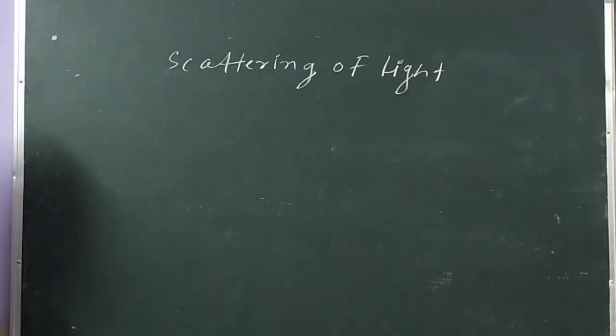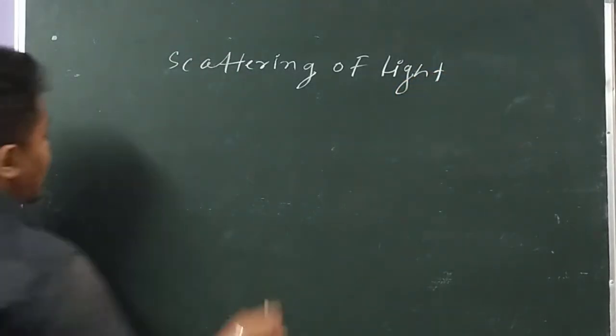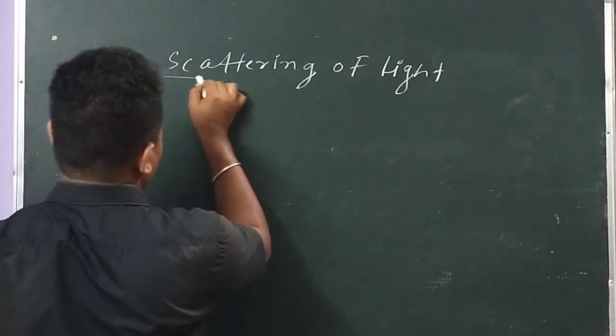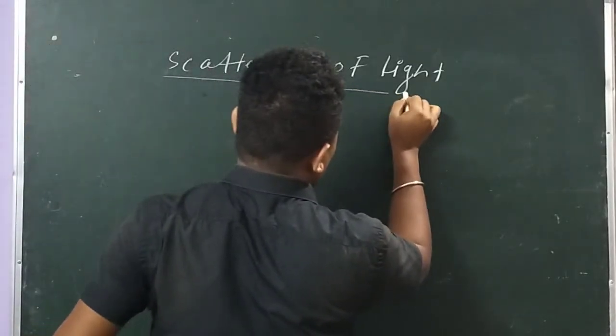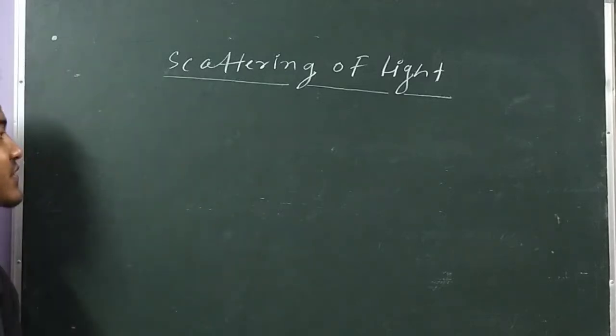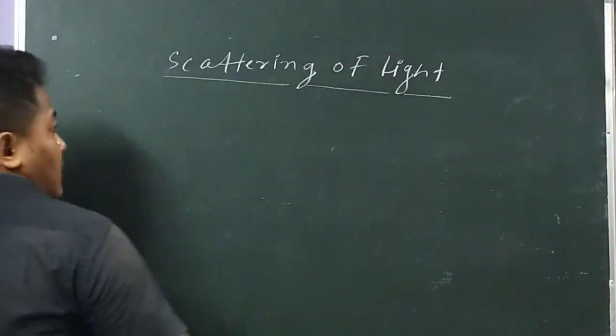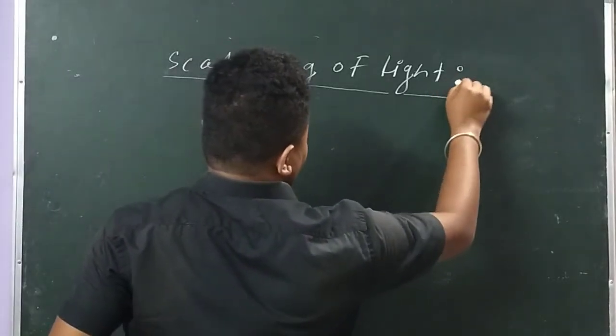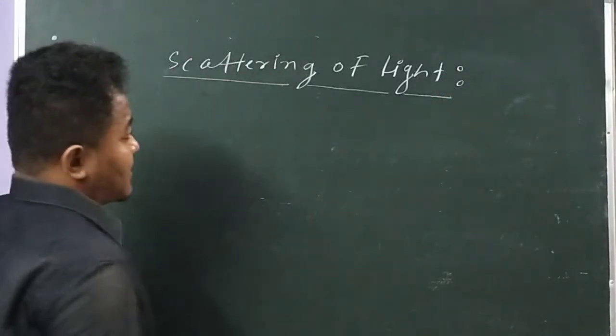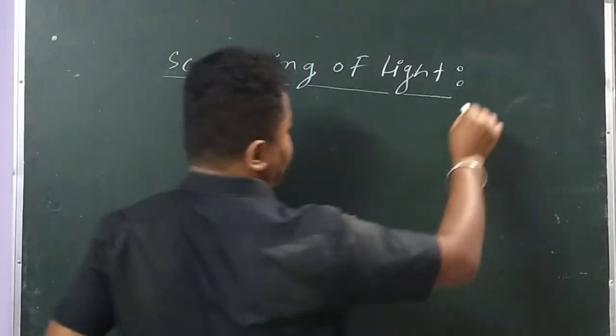This is the topic we'll discuss today. What happens in this case, or what is scattering of light, we'll come to know. Before that, write the headline of the definition. I'm just giving the definition to you first.